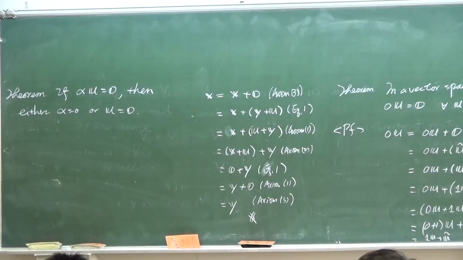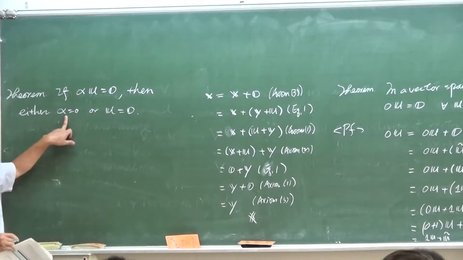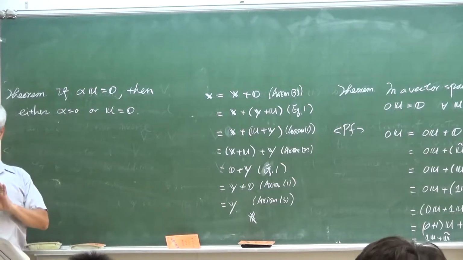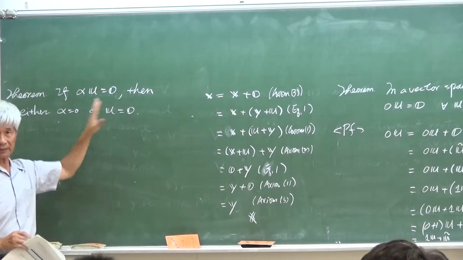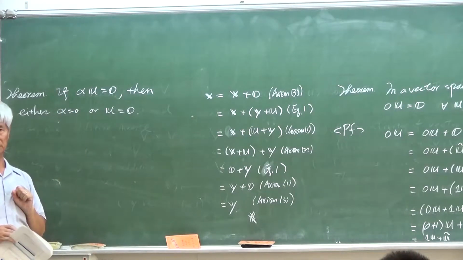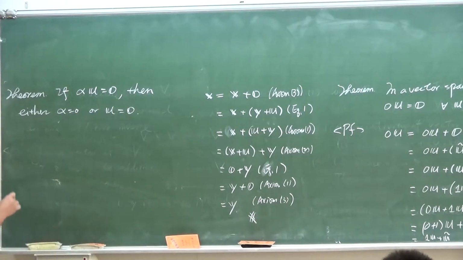That means that if alpha is a non-zero scalar and u is a non-zero vector, then the multiplication should be a non-zero vector. That is the implication. So, proof.